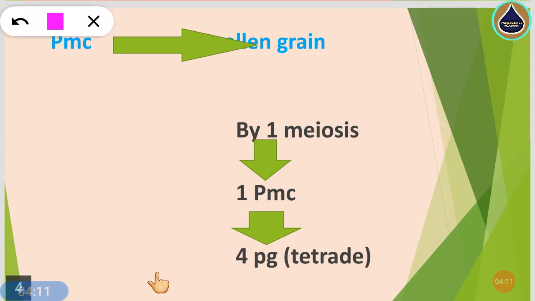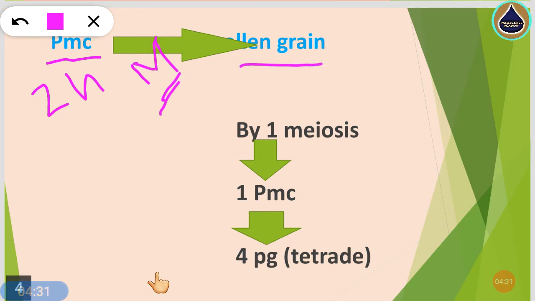So this pollen mother cell, PMC, which is 2n in number and has the double number of chromosomes, goes for the meiotic type of cell division, meaning meiosis cell division, and by meiosis this pollen mother cell converts into pollen grains.